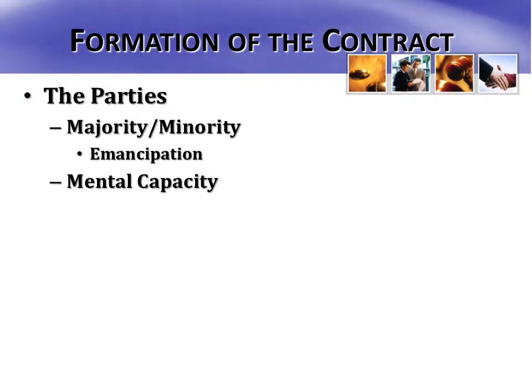The second requirement of the parties is mental capacity. And this relates to the ability to understand the nature and effects of the business being transacted. As long as the court can understand that you understand what you're getting into, what your duties are, what your obligations are, what you're contracting for, you too can contract.